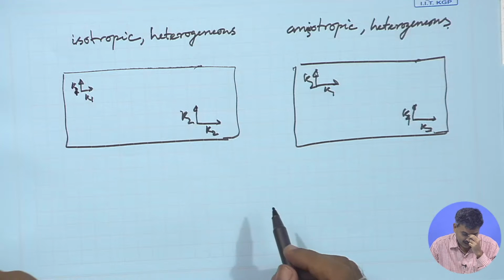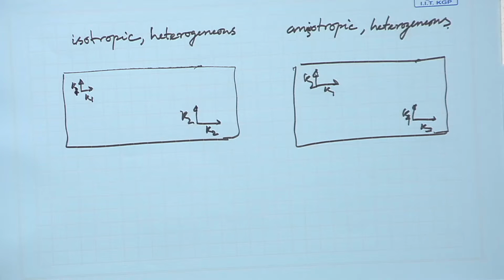Now actually I never understood this thing. Okay. For the second one, the anisotropic and homogeneous, right? So this medium, how do you actually call it homogeneous? A homogeneous medium should have the same property everywhere inside.